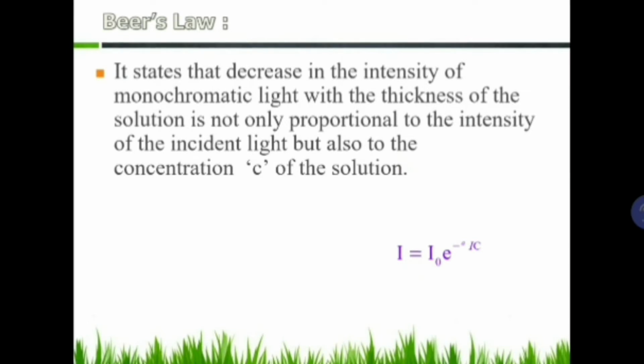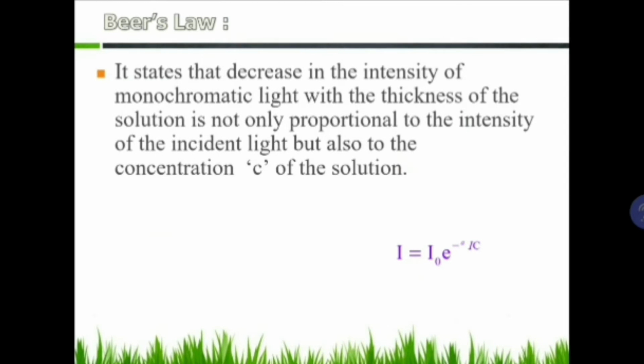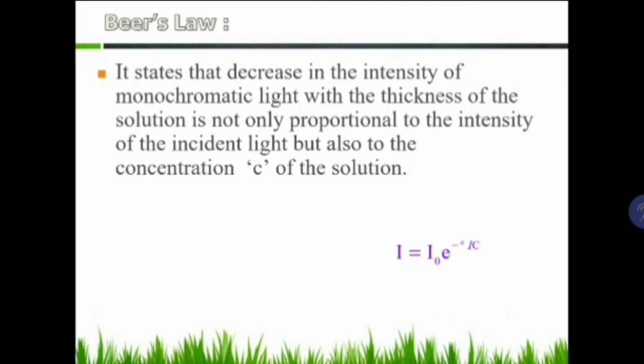So it says that if you take a solution having high concentration and a solution having low concentration, of course the one which has high concentration will absorb more radiation, so the intensity of the radiation going through the solution having more concentration will be decreased more.